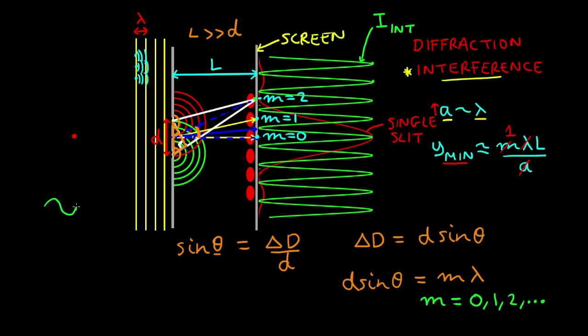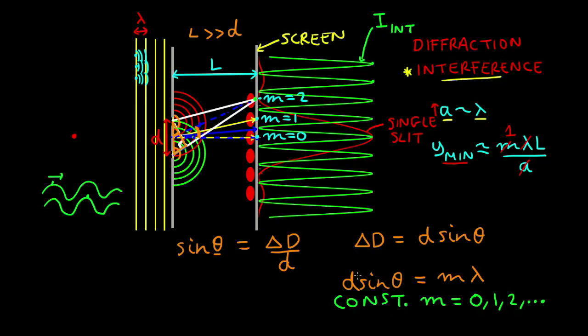Remember, if we had two waves, and one wave was shifted a full wavelength, then these waves interfere constructively. So this is the case for constructive interference.